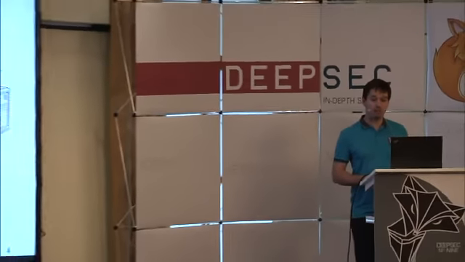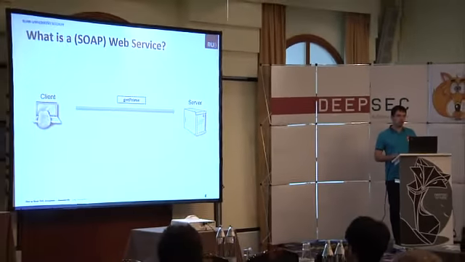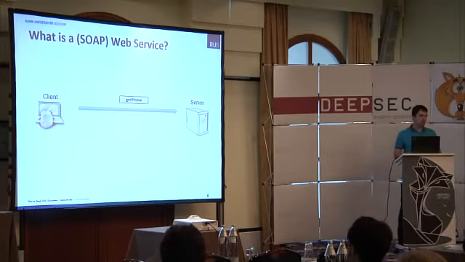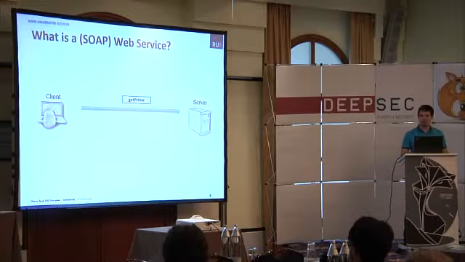Okay, so let's start with web services. So what is a web service? In this case, we are handling SOAP-based web services. A SOAP web service is a standard which allows you to execute remote procedure calls. So imagine we have a server which generates some prime numbers. And we have a small client who wants to grab some prime number, so he wants to execute the function getPrime on the server.